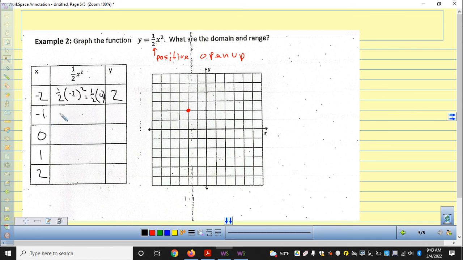Plug in -1: 1/2 of -1 squared. -1 squared is -1 times -1, which is +1, and 1/2 of +1 is 1/2. So my point is -1, 1/2.